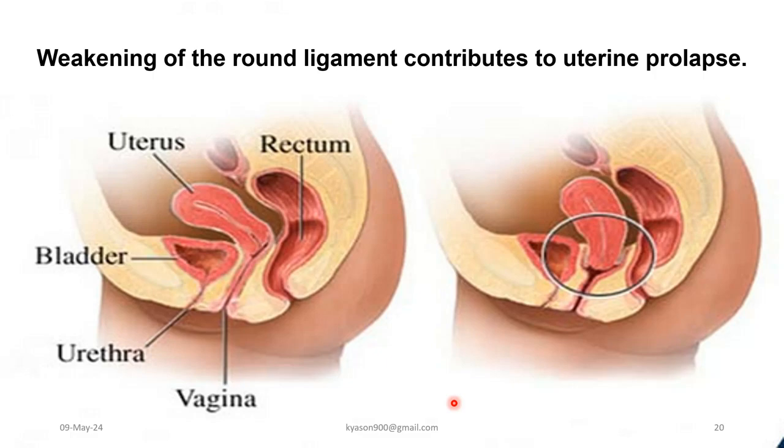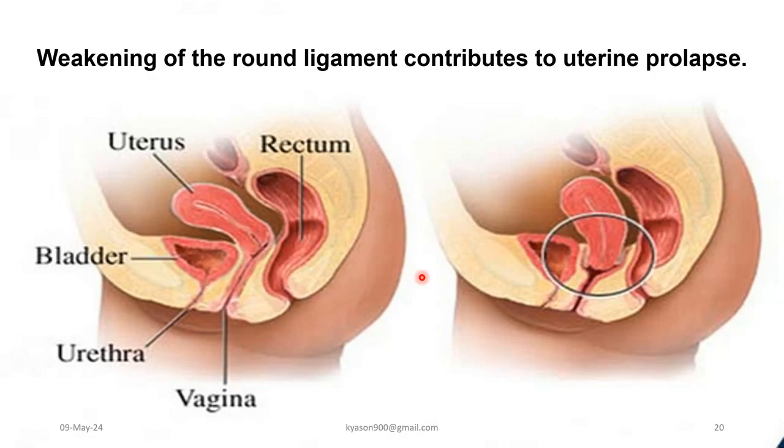We said that the uterus has to be kept in position by many ligaments, and once those ligaments weaken, for example this one, it can contribute to what we call uterine prolapse. The uterus is not supposed to be positioned vertically in the pelvic cavity. It has to be bending anteriorly over the urinary bladder.